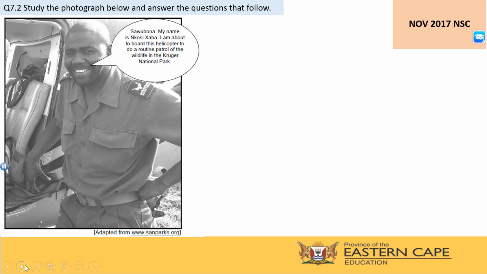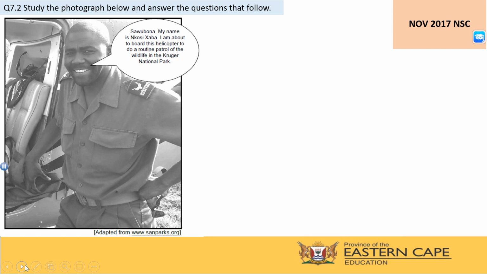The next example comes from the November 2017 National Senior Certificate question paper, and you will see on the left-hand side of your screen you have an image of a man that works for South African National Parks. How do we know that? If you take a look at the badge or the epaulet on his left shoulder as he is facing you, you will see that is the SANParks logo that he is on his shirt.